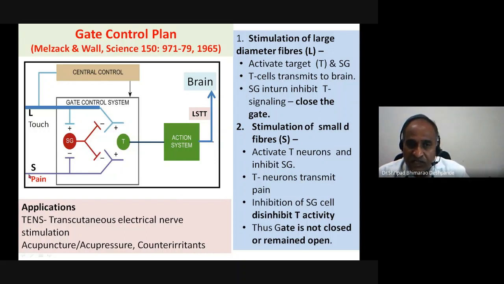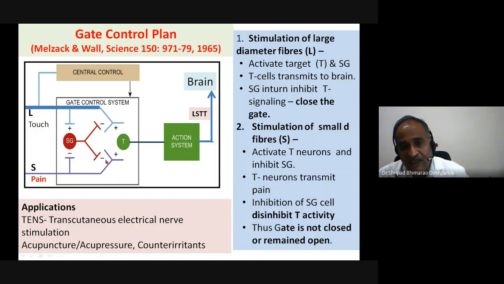The stimulation of the small diameter fibers, these are A delta and C fibers, activates T neurons. Yes, initially they activate T neurons. Then they inhibit the SG neuron, the substantia gelatinosa neuron.